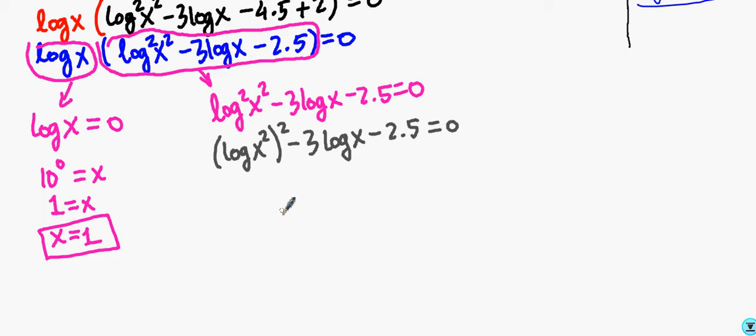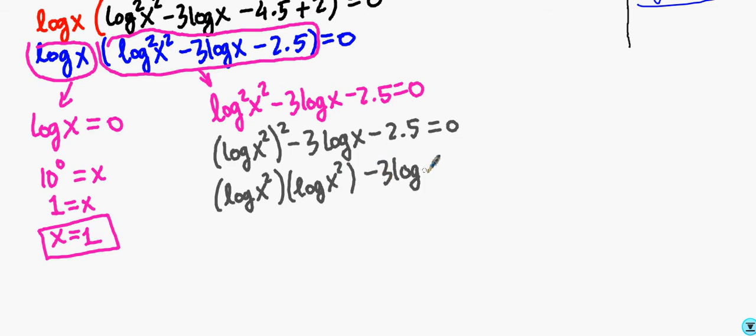And then we need to think about how to deal with this. Well, log of x squared is the same as writing log x to the second times log x to the second minus 3 log x minus 2.5 equals 0.